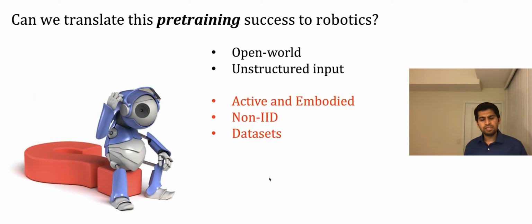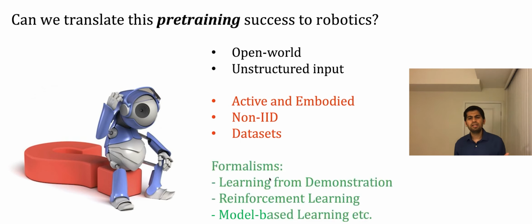But it's different in the sense that the agent is embodied in the case of robotics. So data is not IID, and it depends on the agent's current action. The agent's current action defines what data it will receive next. Moreover, it's very hard to define data sets in the case of robotic tasks. It's very expensive and time consuming.